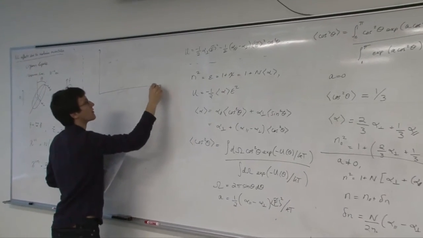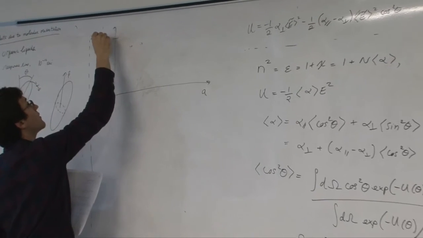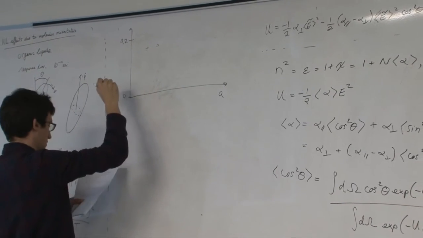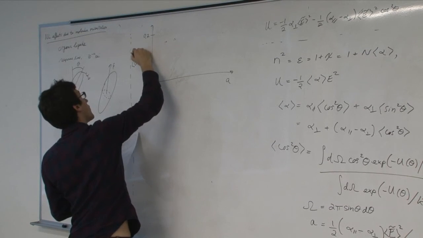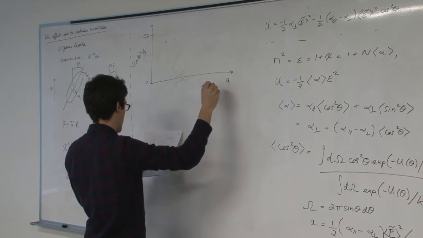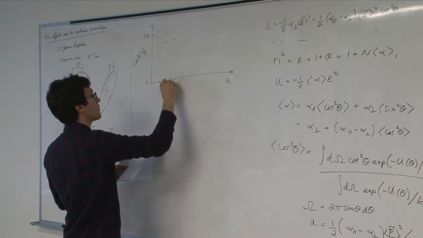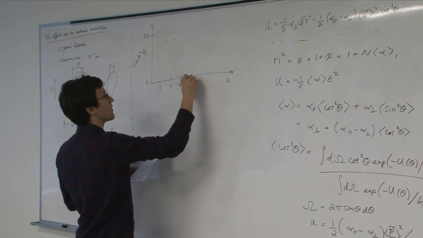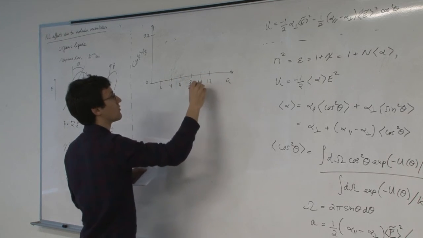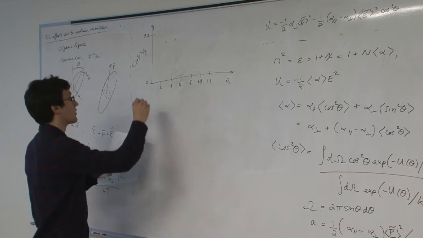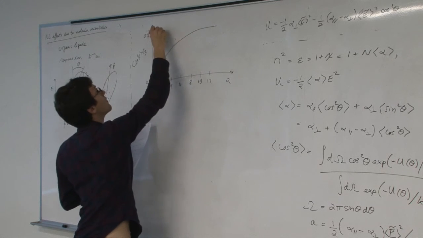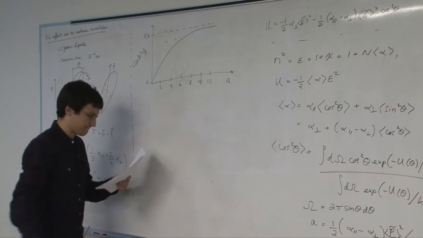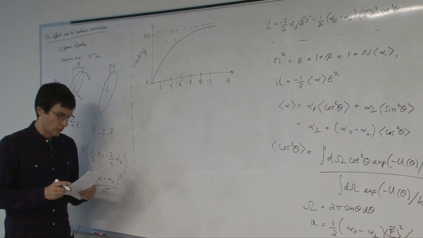You will find that this cosine square of theta minus 1/3 versus A, and now let's put 2, 4, 6, 8, 10, 12, and just have this kind of scaling. You will find that this is going like that. Wonderful.